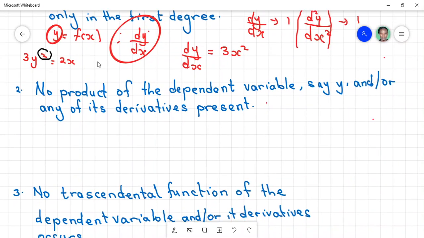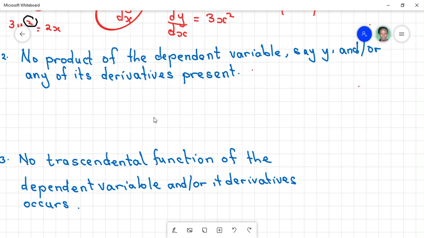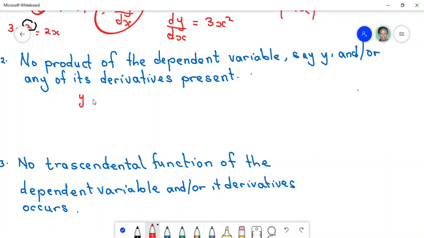No. The second condition says that no product of the dependent variable, say y, and or any of its derivatives, should be present. There is no way I should have the dependent variable y multiplying the derivative.